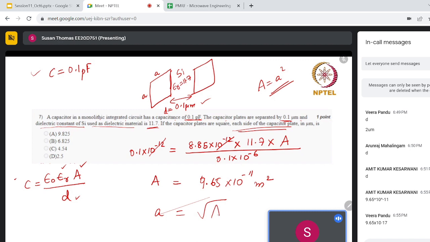plate. Nothing but root of area. So what will be the right option among this A, B, C, D?